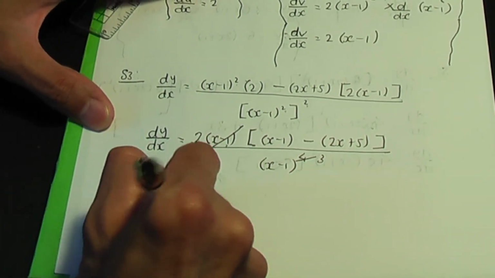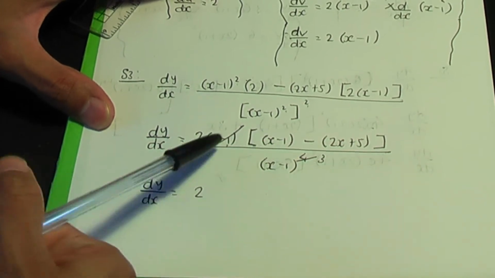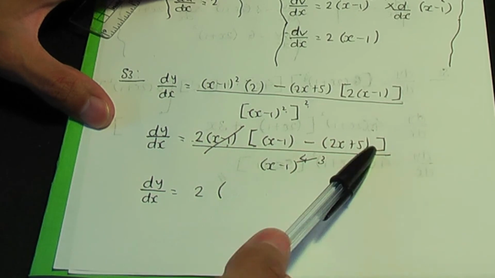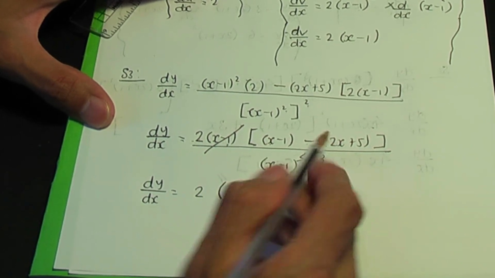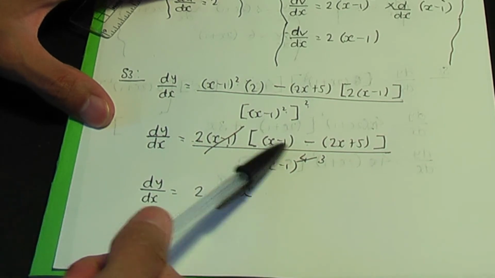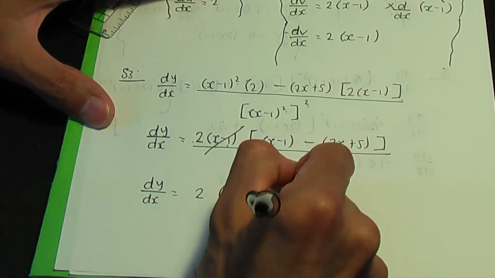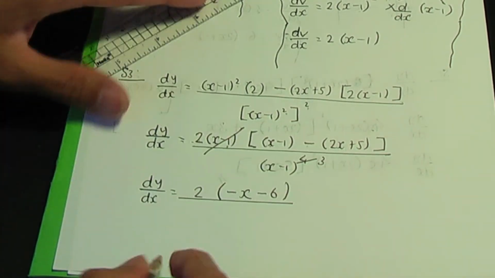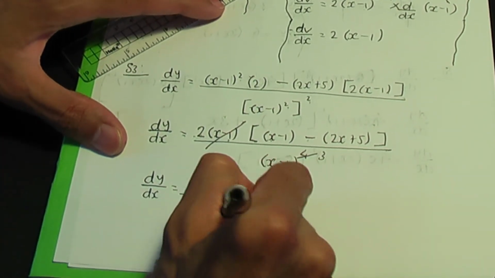So dy by dx therefore will be 2 from here, and let's simplify this bracket. So x minus 2x is minus x, and minus 1 minus 5 is minus 6, divided by the x minus 1 cubed.